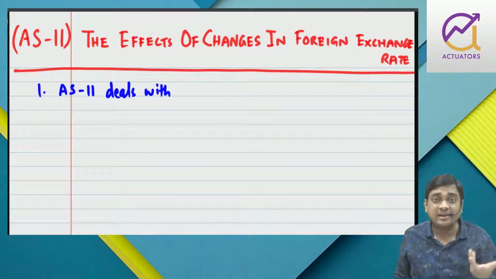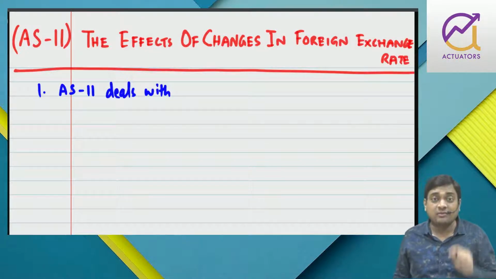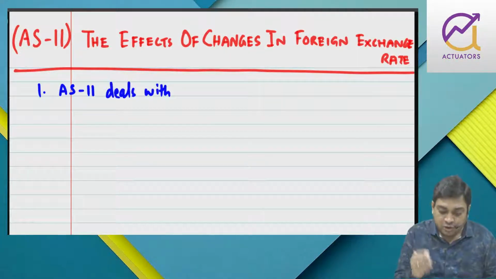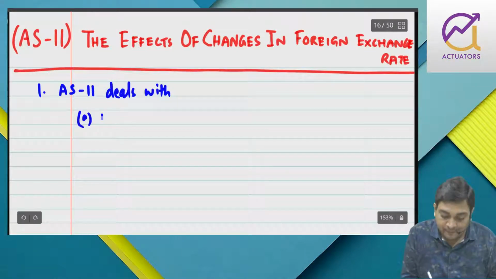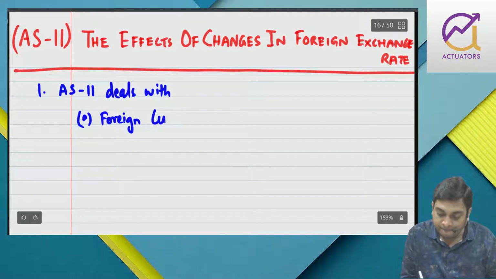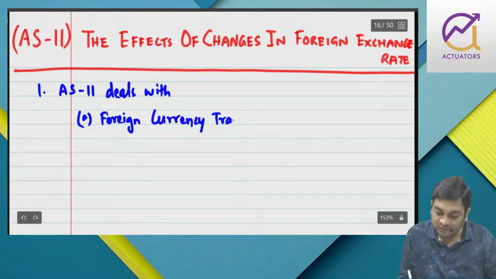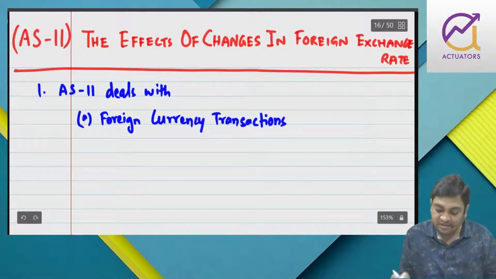What accounting treatment is prescribed in that particular AS? That one we have to study first. So AS11 deals with, number A, foreign currency transactions.